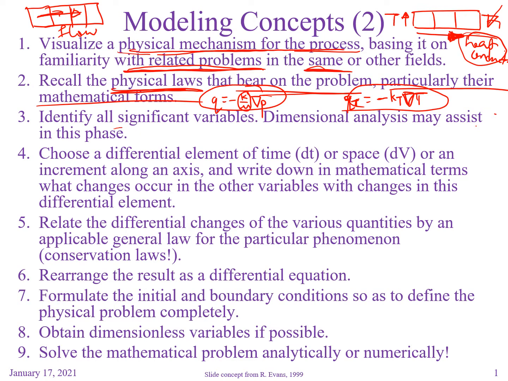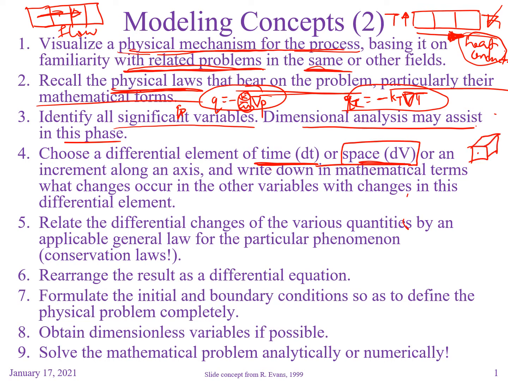Then we identify the significant variables, like thermal conductivity for heat flow, and in our case, permeability and viscosity. Then sometimes we do dimensional analysis, so we have the equations in a dimensionless form. We can have dimensionless flow rates. Then we choose a differential element of time or space, and this basically means we discretize the system in space. Remember those grid blocks we talked about before, and each grid block has a volume.